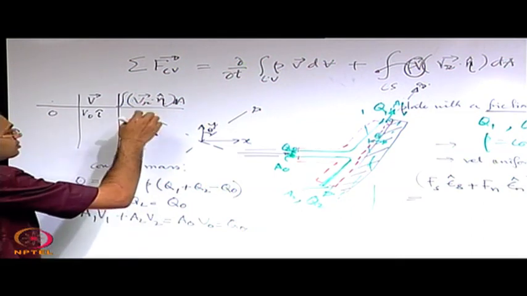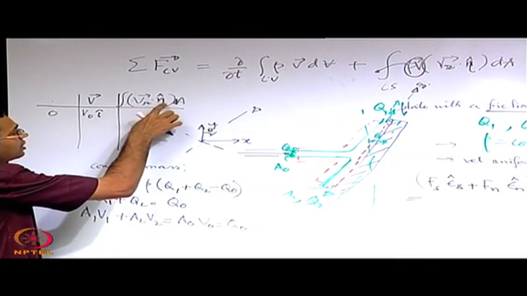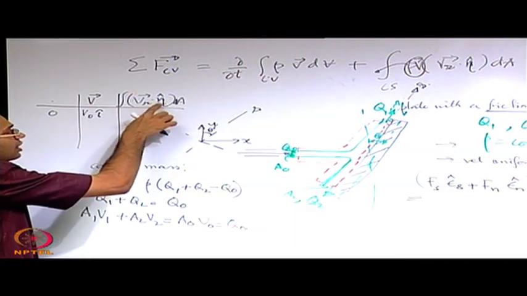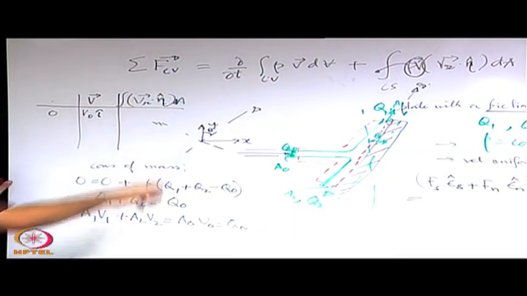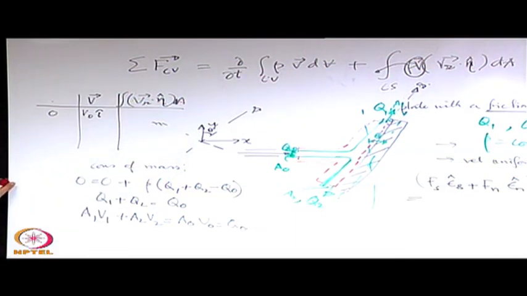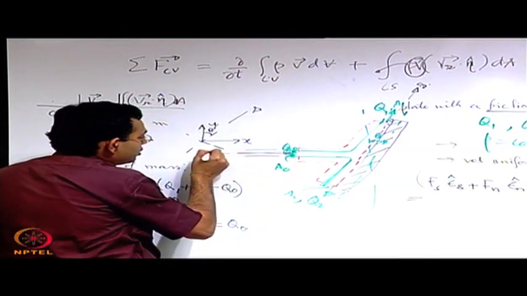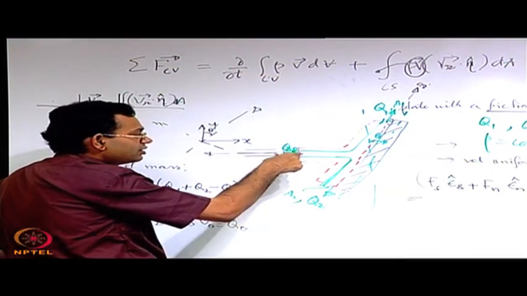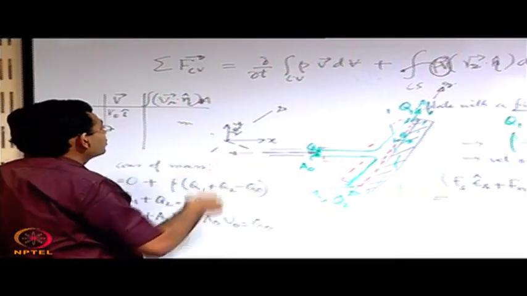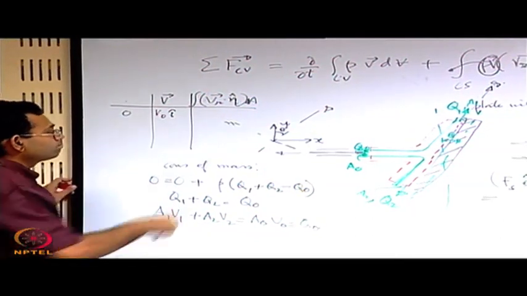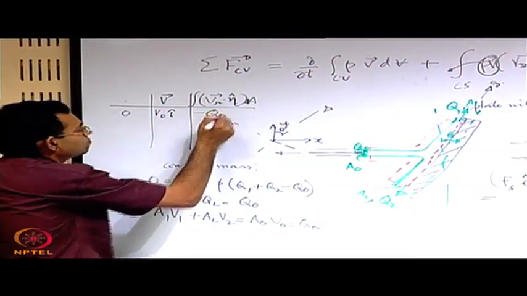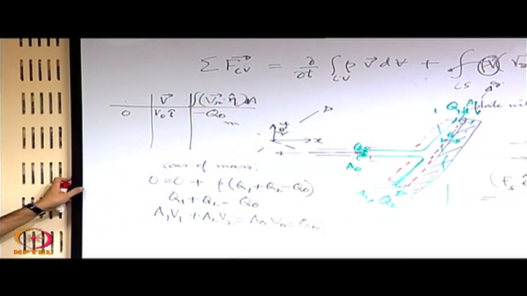See, V and this unit vector, are they oriented in the same sense or opposite sense? This is the direction of V, this is the direction of the unit vector of this surface. So, this will be minus of q0, right.